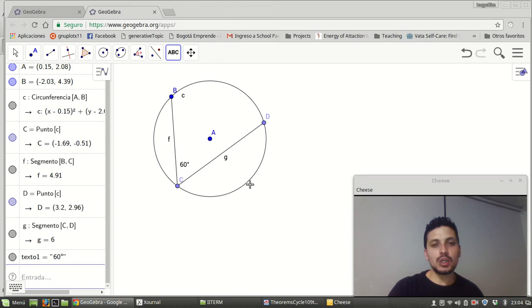Imagine that we have a circle here. We draw a circle, we have two chords in the circle, and using these chords I have here an angle of 60 degrees.